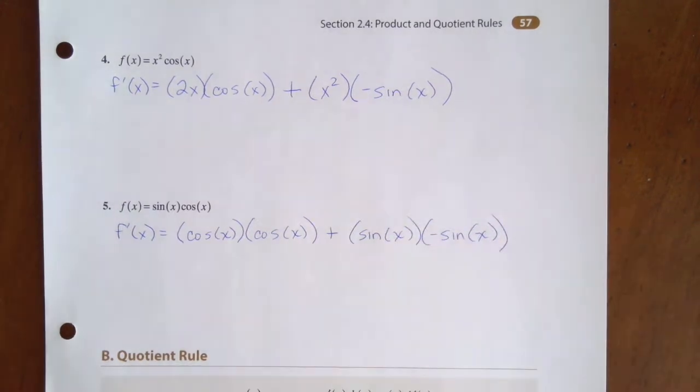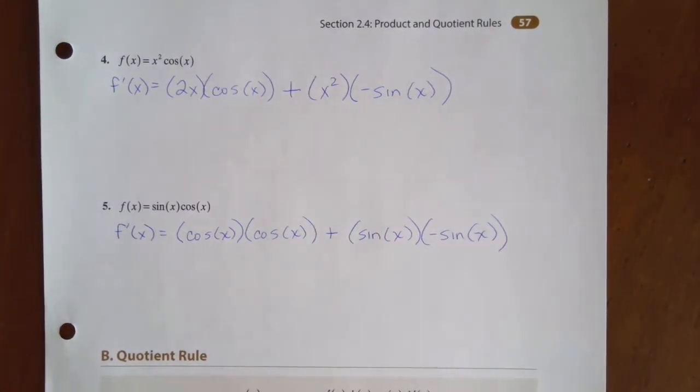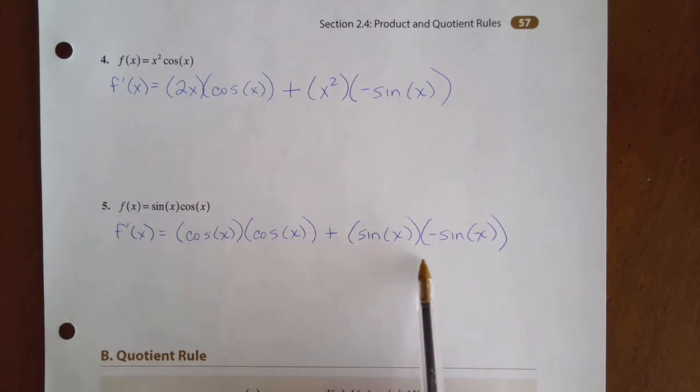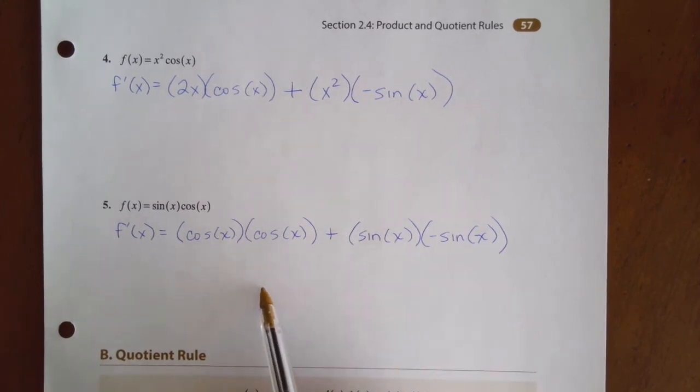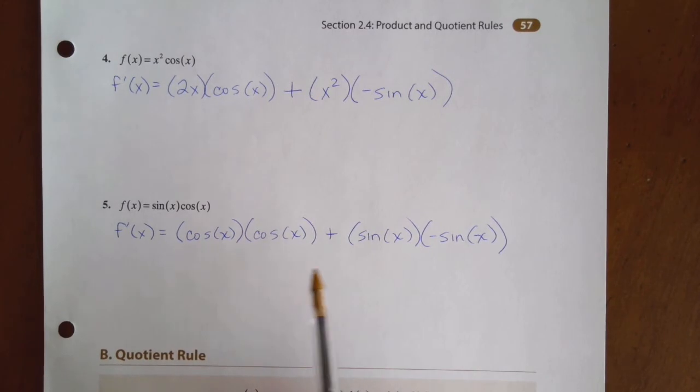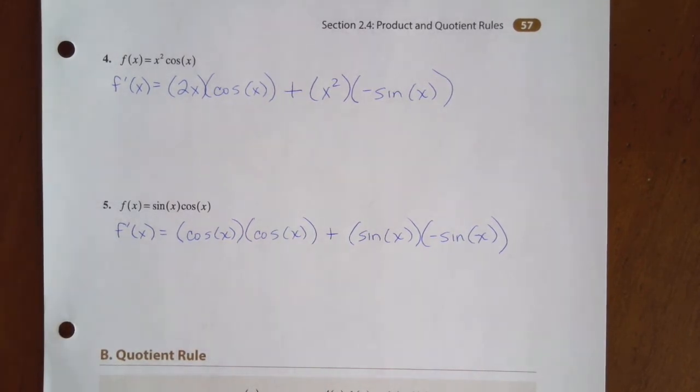And again, that is all you have to write. Now, could you write this as cosine squared x minus sine squared x? Yes, that's fine, but if we don't ask you to do that, you don't need to. You'll know when it's time to simplify.